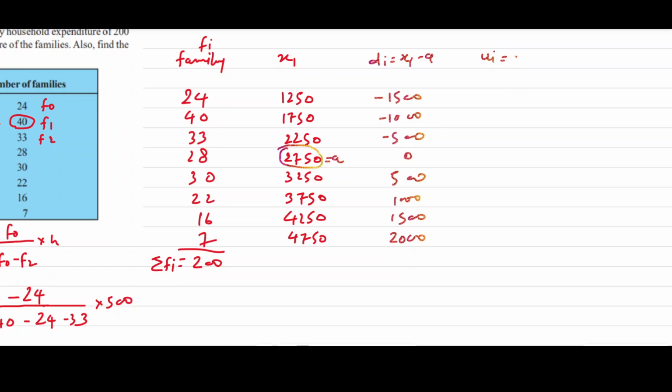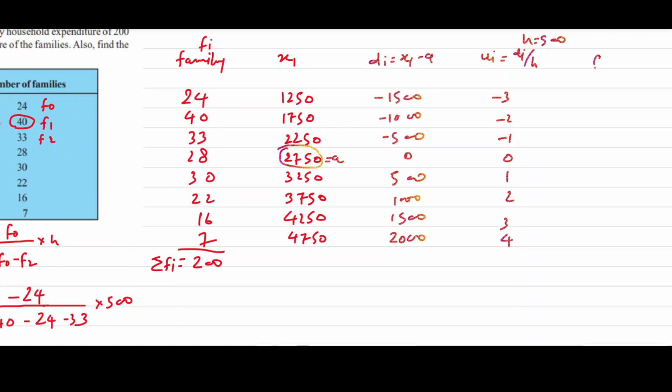We can divide di by h, and h will be 500. Clear? Now after dividing, what will we get? Minus 3, minus 2, minus 1, 0, then 1, 2, 3 and 4.